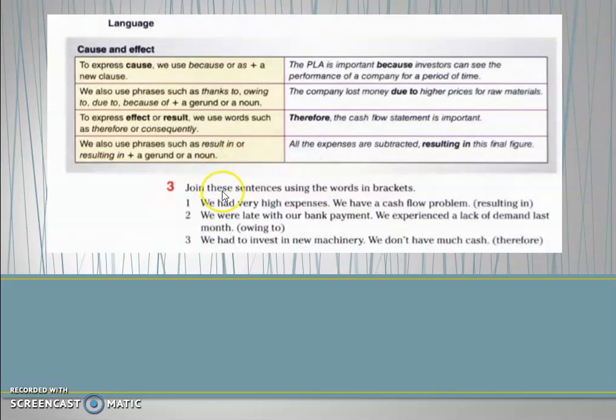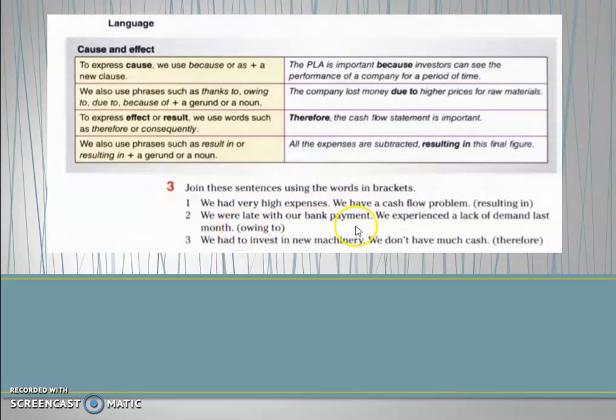So you have to answer this exercise here. You have to make these two sentences into one using this effect here, resulting in. This can be the first sentence or in the middle. You have to think, analyze the two sentences and try to do it correctly.